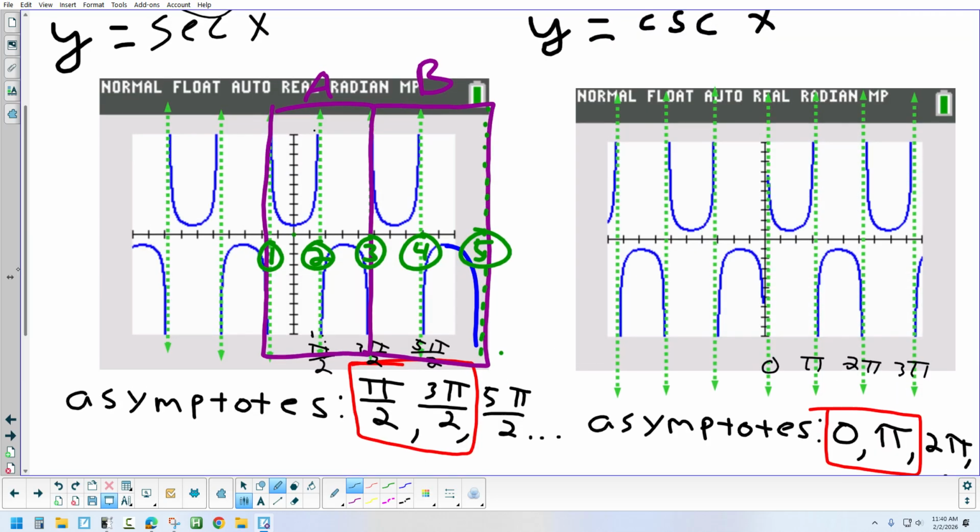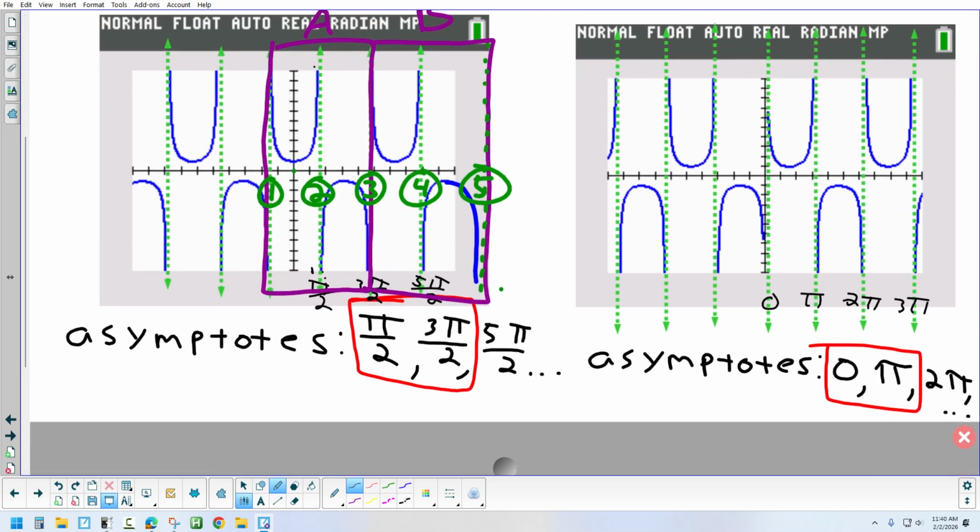All right, so let's look at cosecant. Let me draw a box around one cycle. Now I want to know what the width of that box is. Yeah.